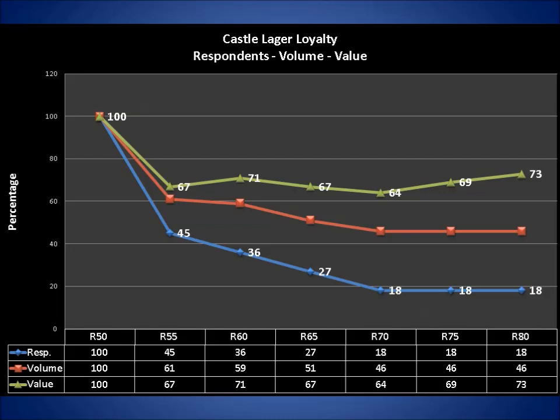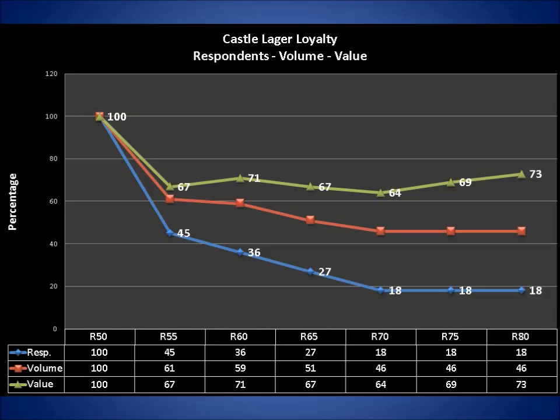And if you now multiply the volume line by the prices at these different levels, there is virtually no drop after 55 Rand. In fact, Castle Lager will sell more in value at 80 Rand than at 55 Rand, according to these respondents. Remember, we are now dealing with very small samples.